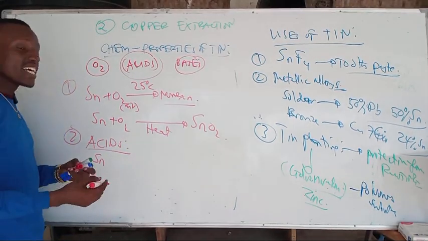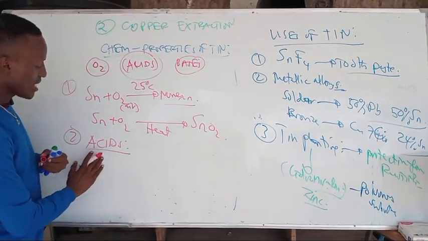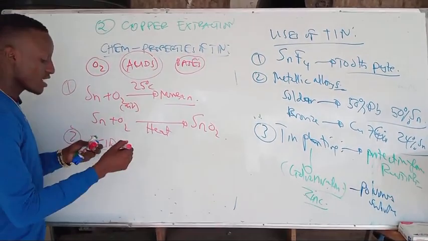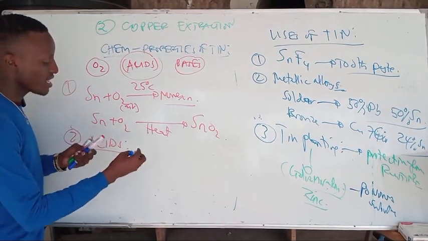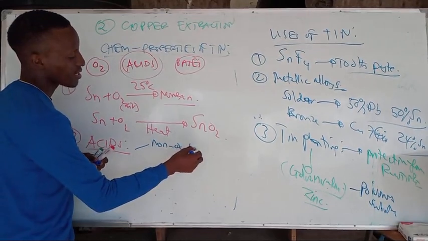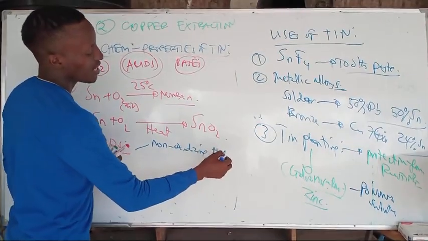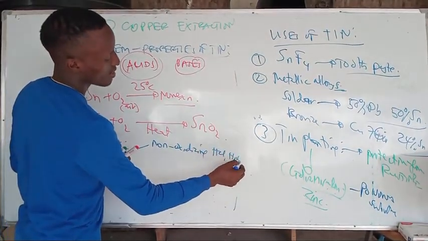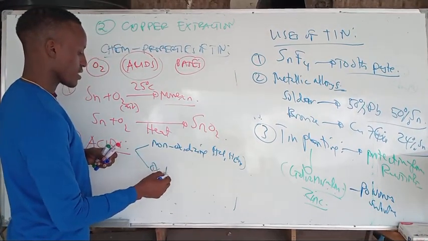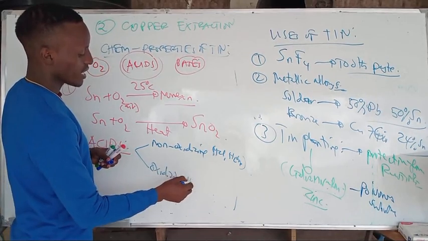So the non-oxidizing ones, like HCl and sulfuric acid, and we have the oxidizing ones, like nitric acid.